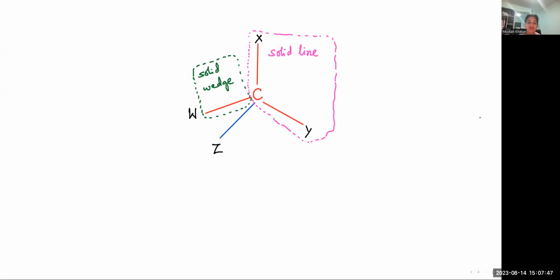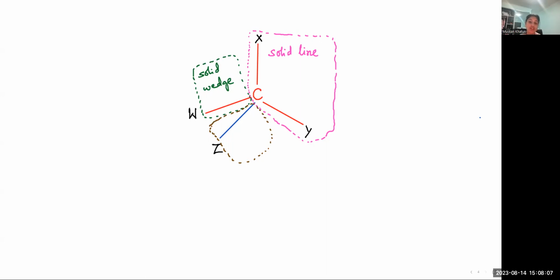And then we have the third part, which I'm going to draw in this brown color. The one which I drew in blue is actually not a line.